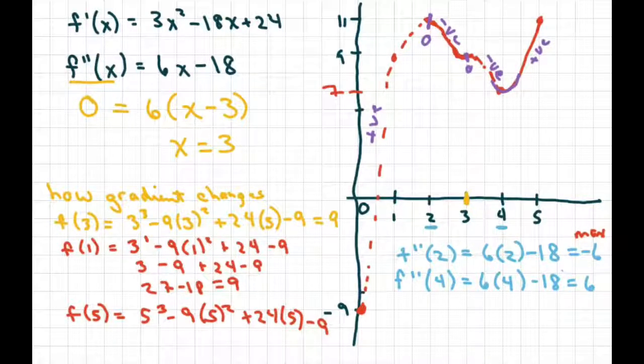So that's where your maximum is. If it's a positive number, that is your minimum. So just remember, students get confused. They think it's a minimum because it's negative. If it's negative, it means it's a maximum. If it's positive, it means it's a minimum.